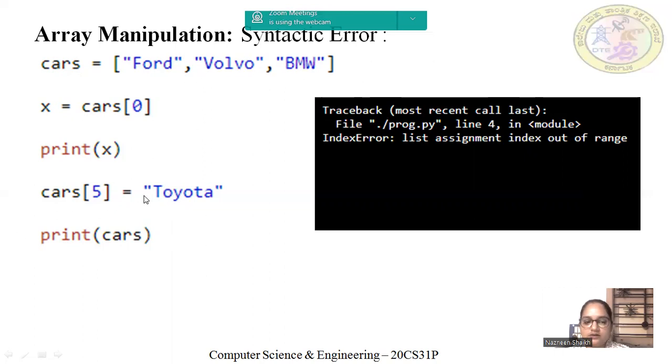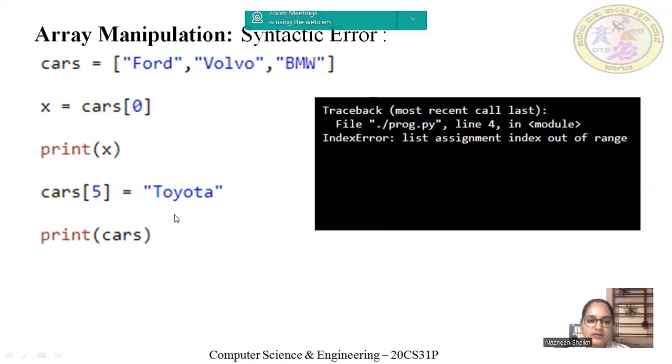You cannot put an element in the farthest position where the array has not yet extended. So we are going to get this error, that is an index error, called list assignment index out of range. In the 5th index position, if you want to insert, it's out of range. Hence, you are going to get the error.